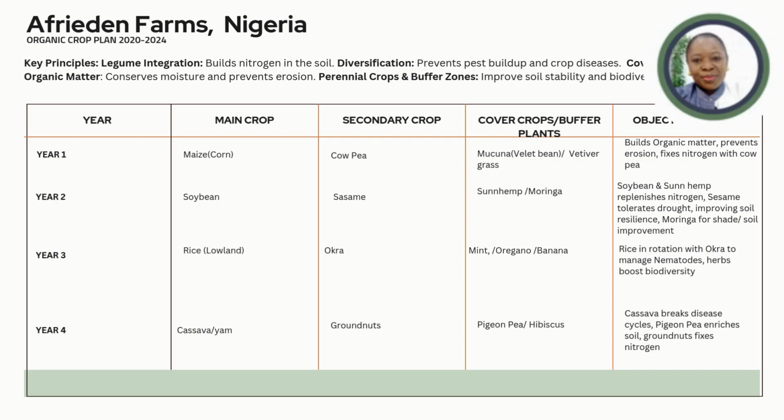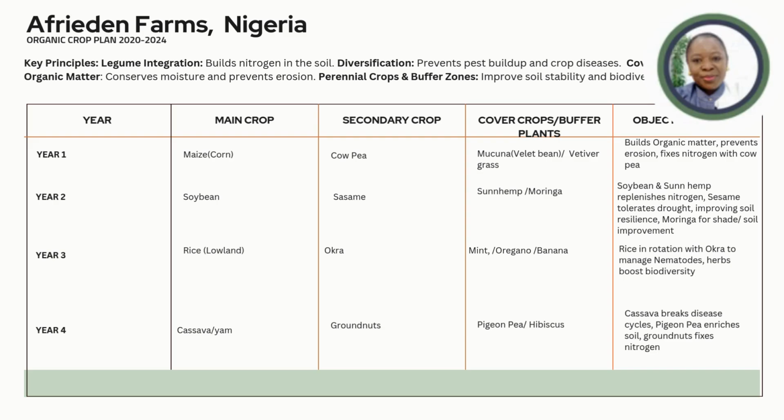So in the second year, we're going to plant soybean as our main crop, sesame seed as a secondary crop, sun hemp or moringa around the buffer zones.